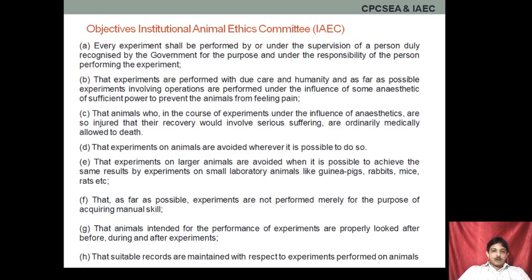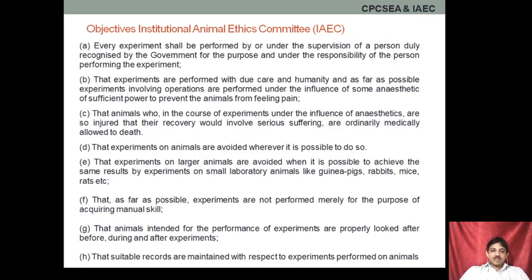Next, as far as possible, experiments are not performed merely for the purpose of acquiring manual skill. It is not that I want to gain knowledge of how to sacrifice an animal, so I use an experimental animal.